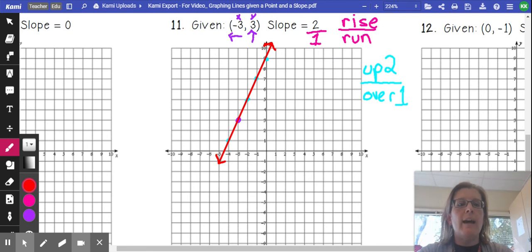Then you use that information, the rise over the run, the up 2 over 1 part, to draw your points. And then you connect them with a line. Next, you are going to be practicing this on a Kami document and on Khan Academy.